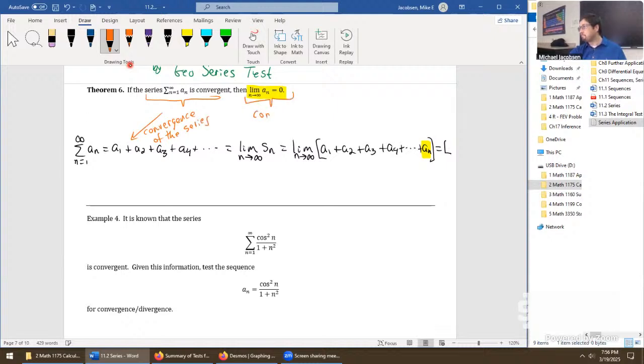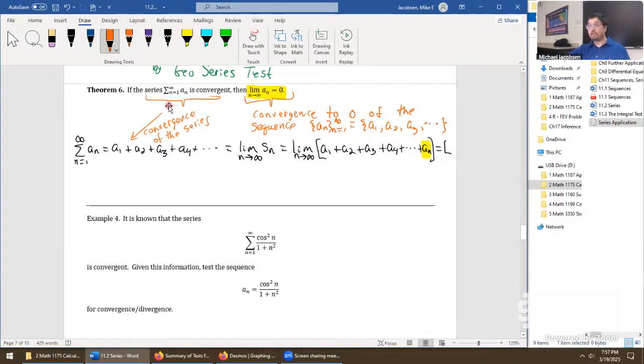This is convergence, and not just convergence, it's convergence specifically to 0 of the sequence an indexed from 1 to infinity, which is a1, comma, a2, comma, a3, and so on, infinitely many terms there. So the sequence converges to 0 if the series itself converges. So that's the gist of theorem 6.